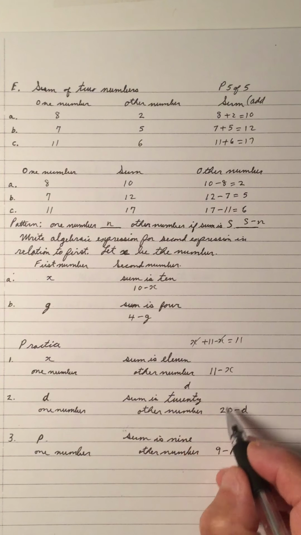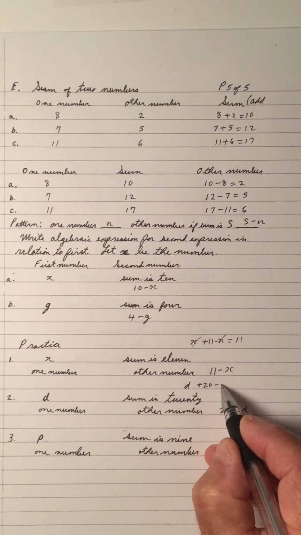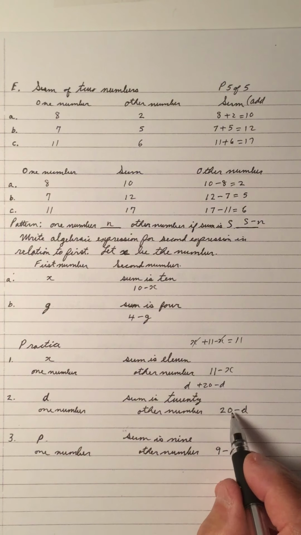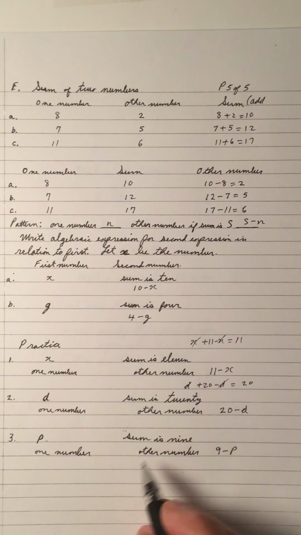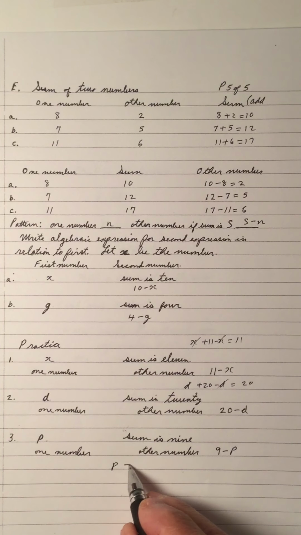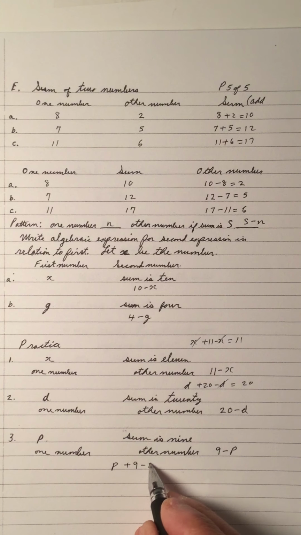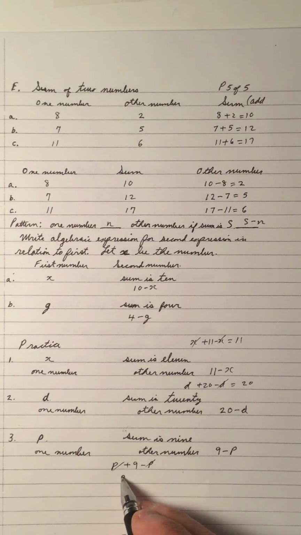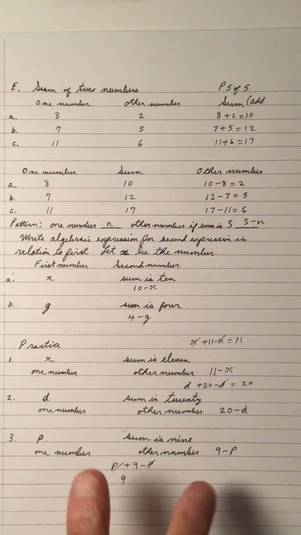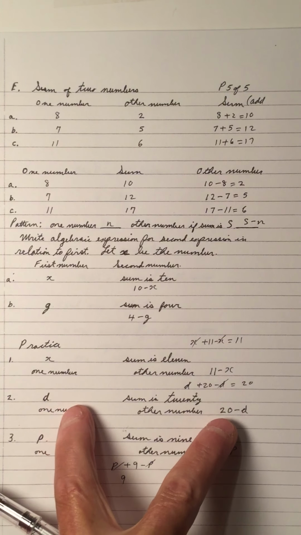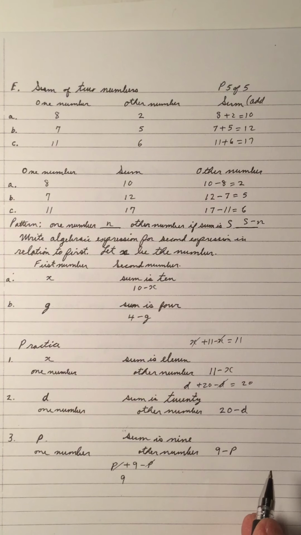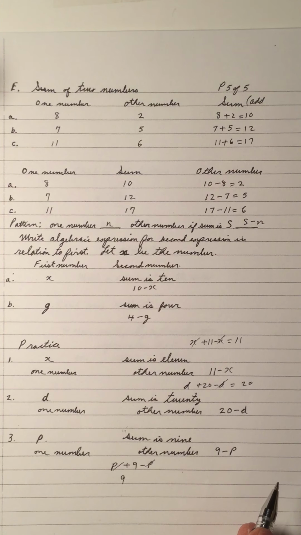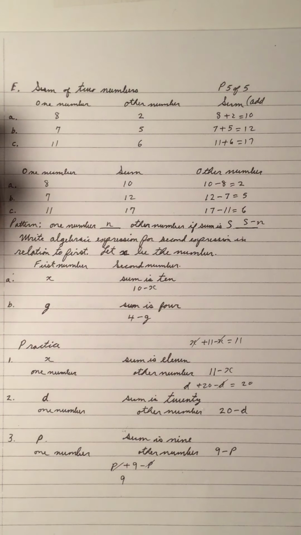Add d and 20 minus d, the d's cancel out, so you get 20. And p plus the other number, 9 minus p, the p's cancel and you get 9. So to repeat, if you're given the sum of two numbers and you know one number, the sum minus the number gives you the other number.